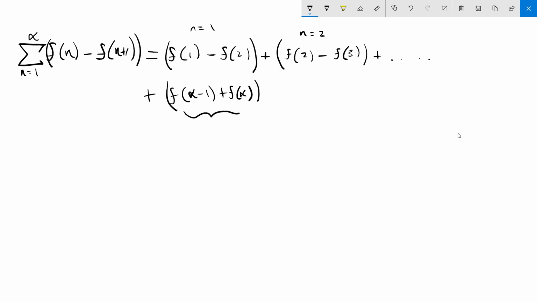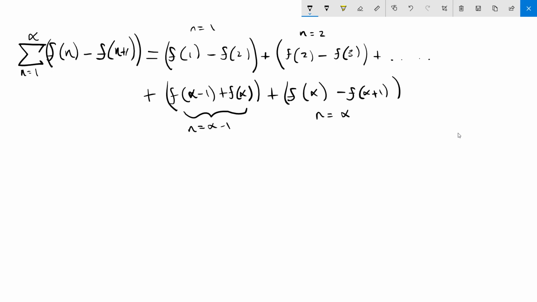So here n is equal to alpha minus 1. And then our last term, our nth term, our alpha term, would be f of alpha minus f of alpha plus 1. So this is the n equals alpha term.